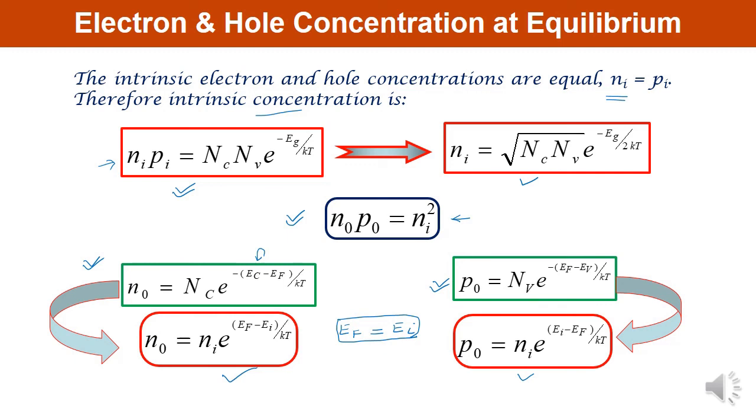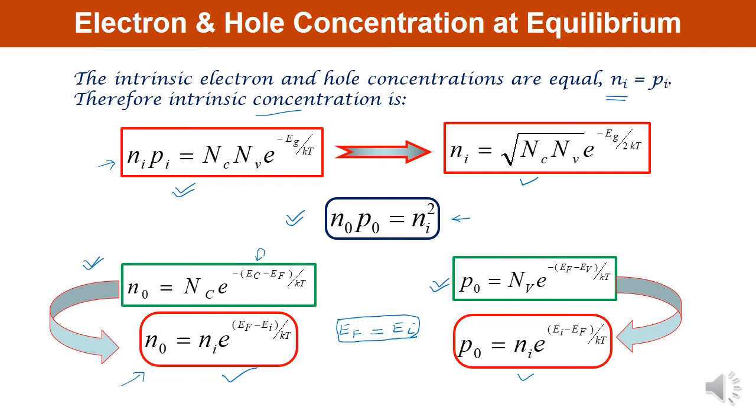And n naught increases exponentially. You can see n naught will increase exponentially as the Fermi level moves away from Ei, meaning its value is increasing towards the conduction band.